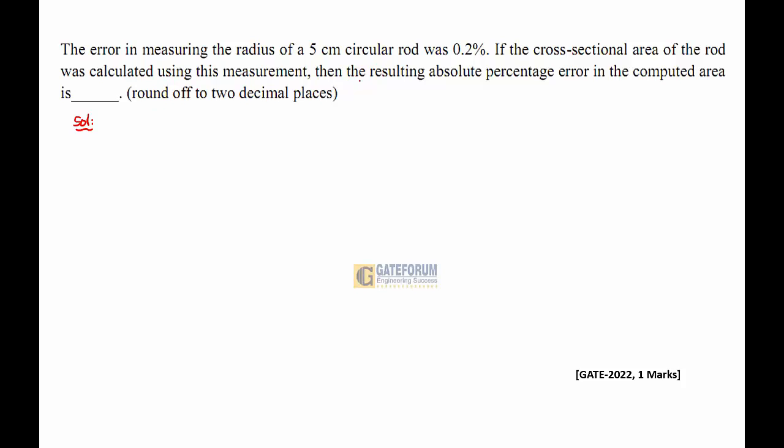So circular rod cross section means automatically it is a circle having radius r, area, you know all this.